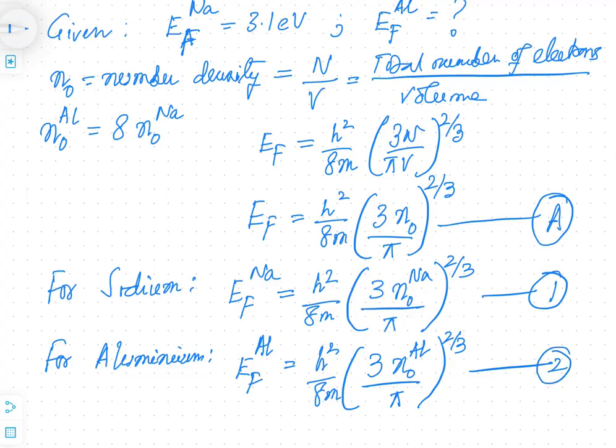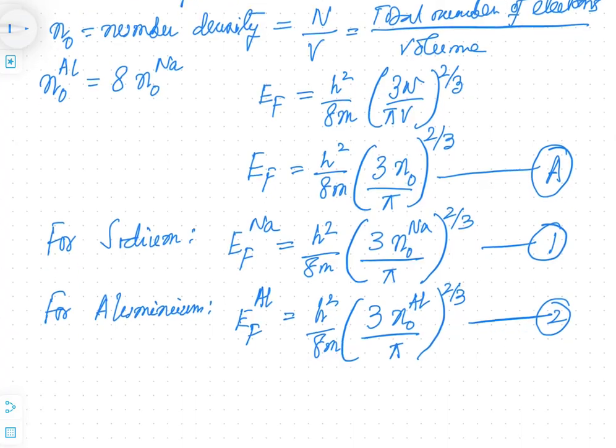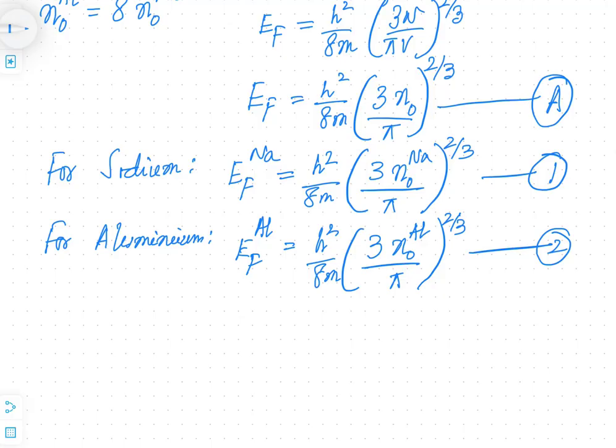So equation A is the general theory which I replace for sodium, that is equation 1, and for aluminium, which is equation 2. Now what I do, I divide equation 2 by equation 1.